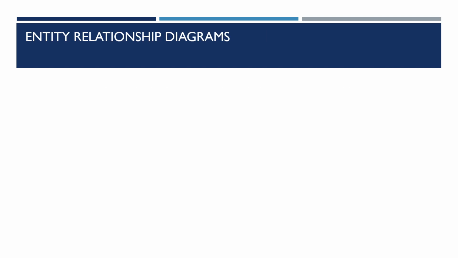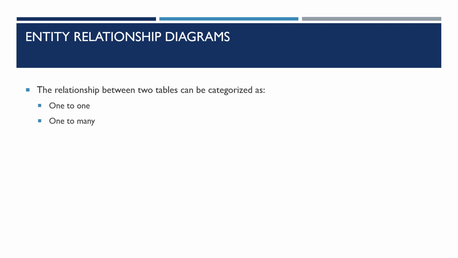When designing a database, it helps to first display the relationships between each of the tables you intend to use. Relationships in the database can be categorized as one-to-one, one-to-many, or many-to-many. To work out what kind of relationship you're looking at between two entities, you should consider the relationship from both ends.